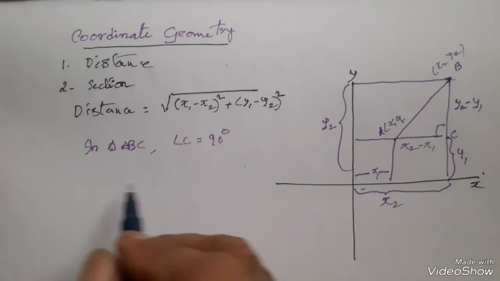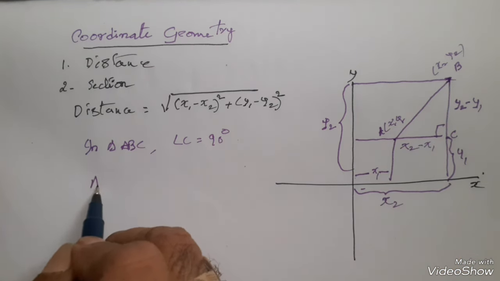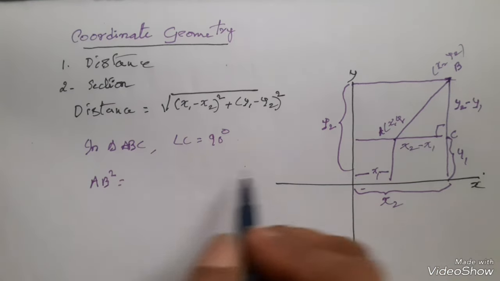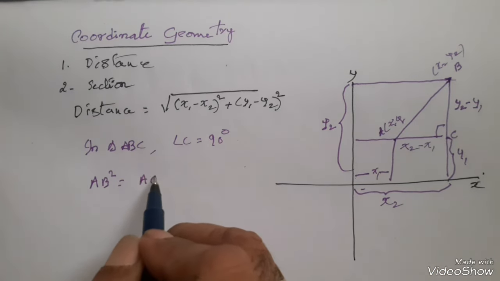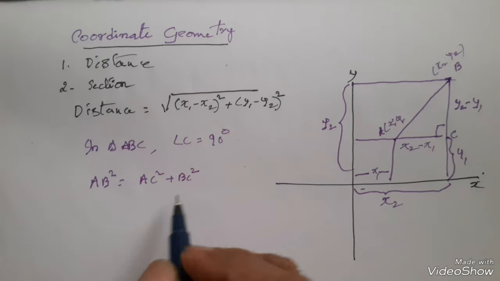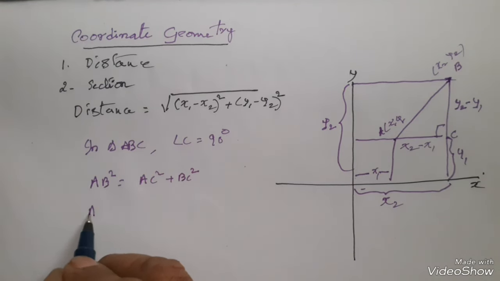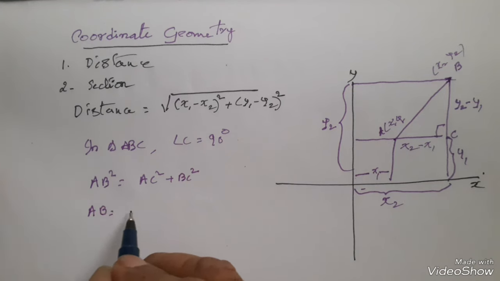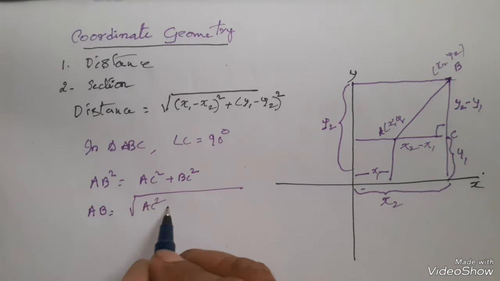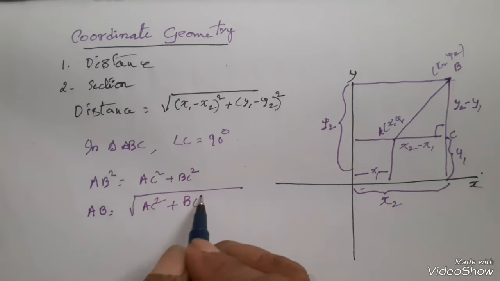The square of the hypotenuse is equal to the sum of the squares of the other two sides. So AB square equals AC square plus BC square, and AB is the square root of AC square plus BC square.